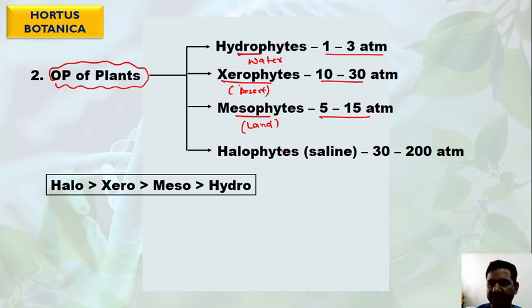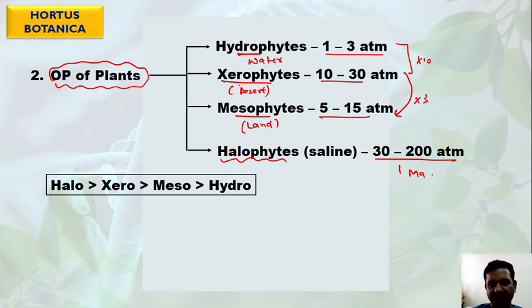Here it is 5 to 15, which is 3 times more, and here it is 10 times more, very easy to remember. Now this is your halophytes, maximum, mind well, this is maximum.